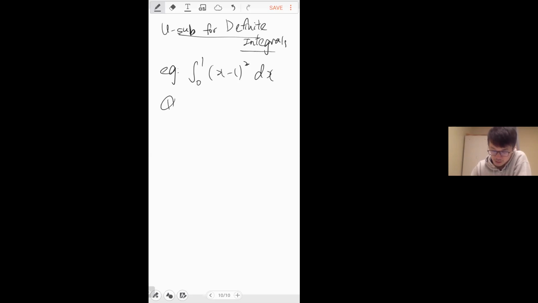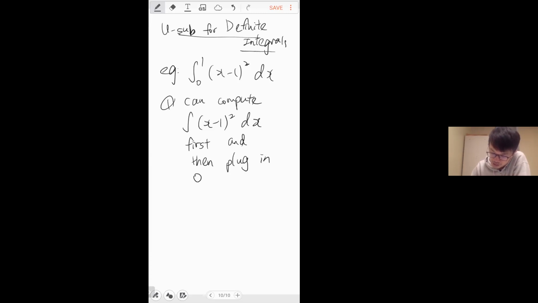So I guess the first option you can do is you can compute the indefinite integral first, and then plug in 0 and 1 at the end.